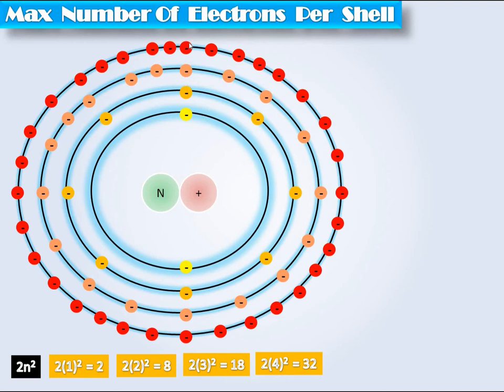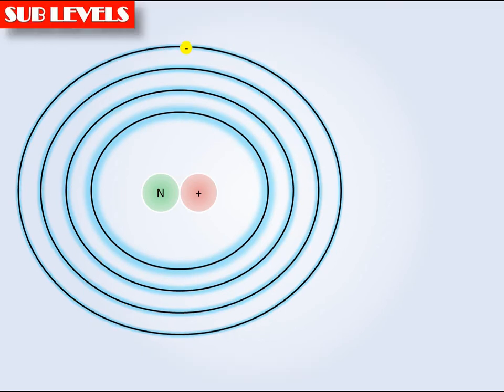Now if you wonder where these electrons are within the shells, they are within subshells or sublevels. That means within these energy levels, these rings, there's another level called a sublevel or subshells inside these energy levels.